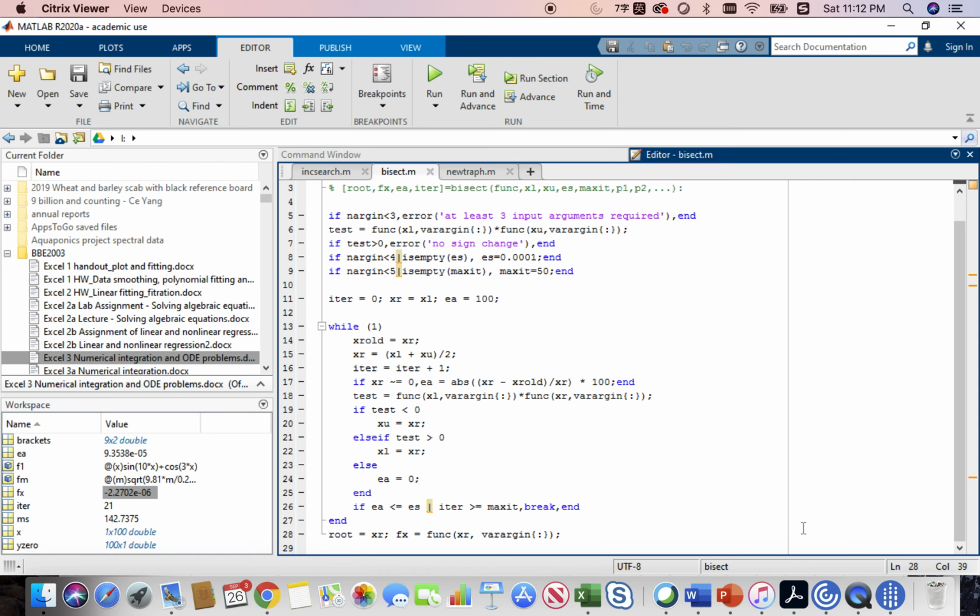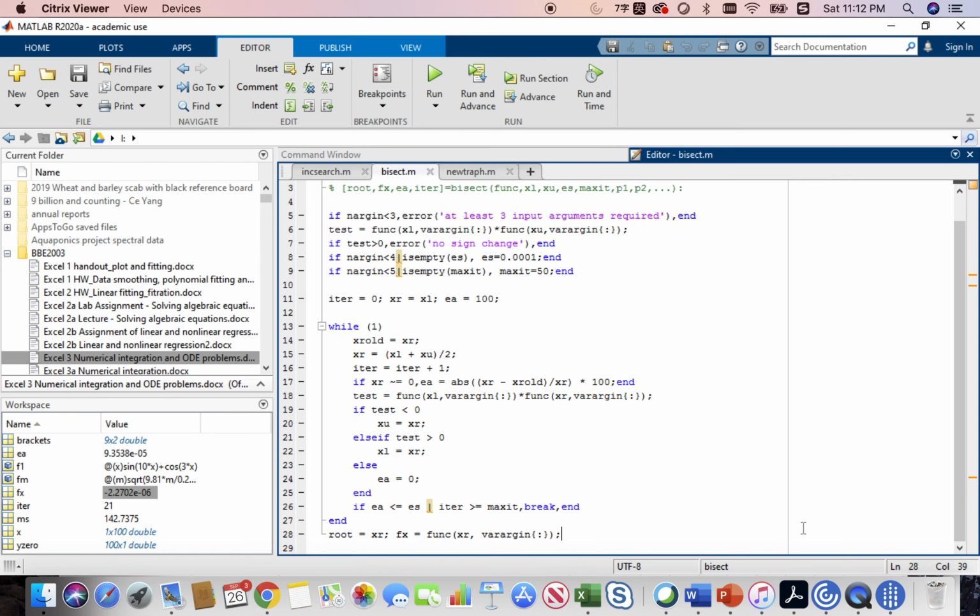And then we can test the xl and xr to see if they have different signs. If test is smaller than 0, that means they have different signs. We will put xr to the upper bound and only work on the section xl through xr, because we know there is a root between these 2 points.